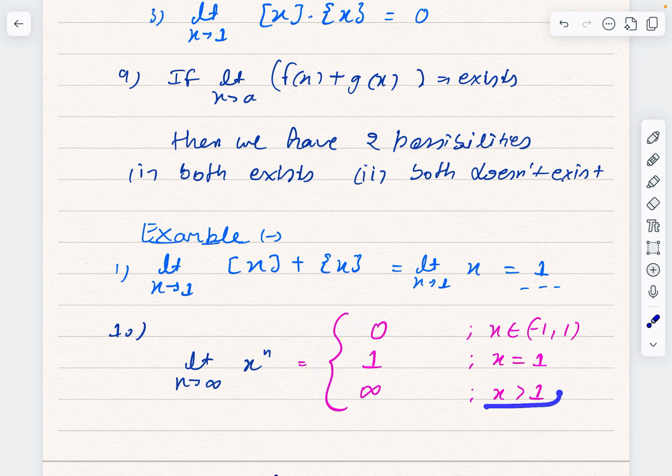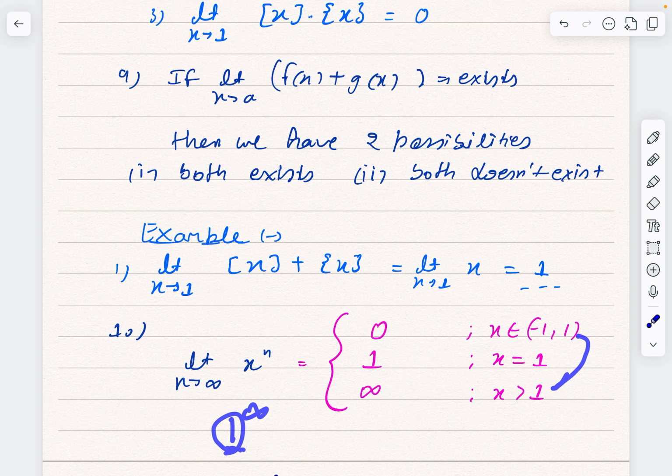And third case, if x is more than 1, it will be infinity. See, if a number is more than 1, say 2, if you increase the power of 2, you see the value will be increasing. For a very large power, the value will be very large, so it'll be like infinity. Now that 1 power infinity thing, I told you 1 is approaching 1, not exactly 1.